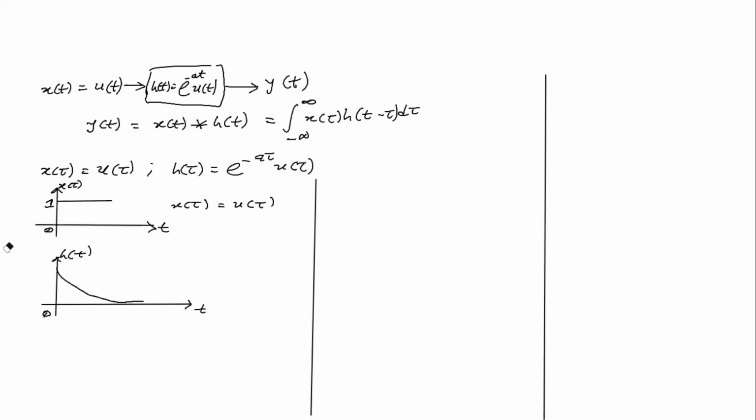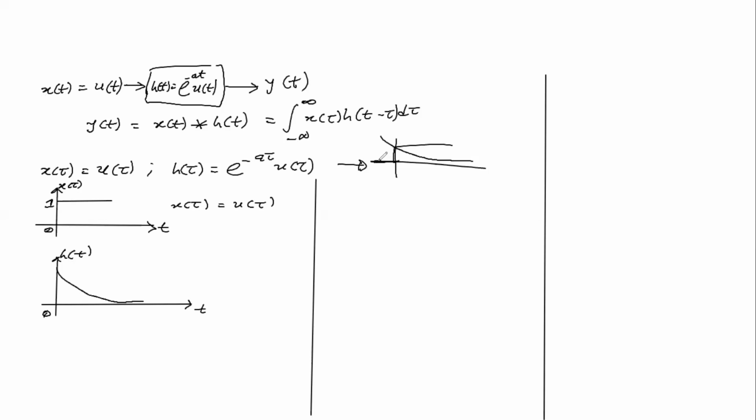Is that clear? Because of this u of t component multiplying the signal. Is that clear? Yes. So this is more like saying, we have our time axis, and a signal coming this way, then we multiply it by this function.